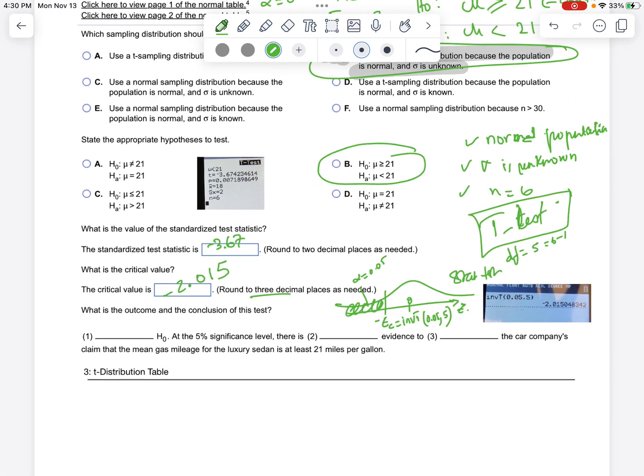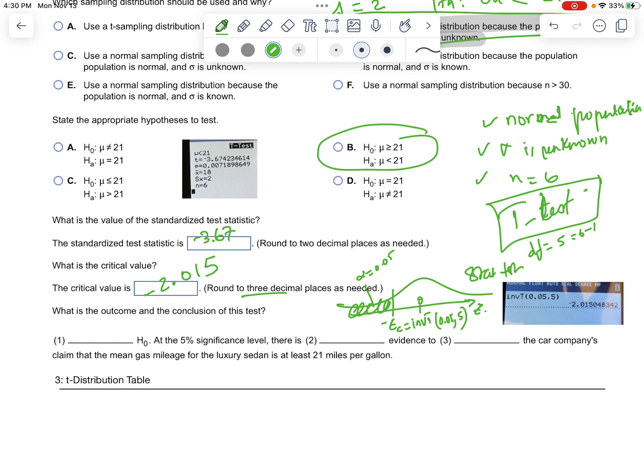Now, let's see where everything falls. So this guy is negative 2.015. All right. Let's look at the standardized test statistic, negative 3.67. So it falls within the rejection region. So we're going to reject the null.